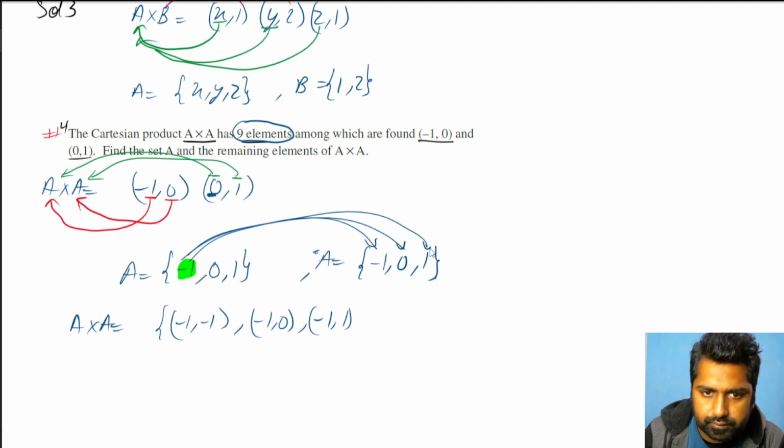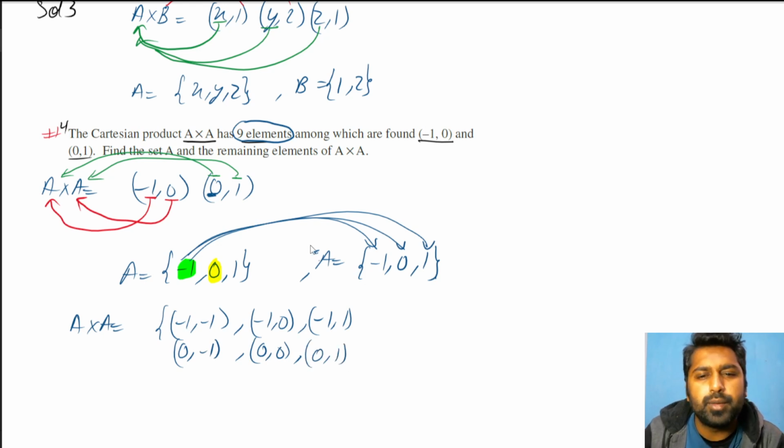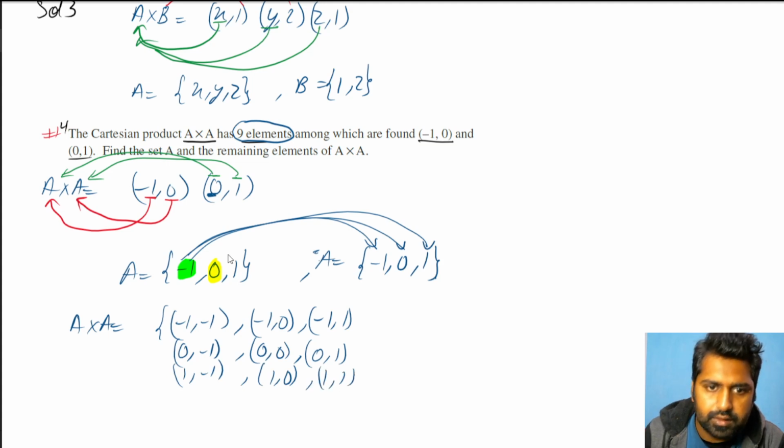Okay. Same thing you do for this 0 also. So for 0, 0 comma minus 1, 0 comma 0, 0 comma 1. I'm not putting too many arrows, otherwise it will get confusing. You can attempt this on your own. And lastly you do for 1, so 1 comma minus 1, 1 comma 0 and 1 comma 1. Okay.